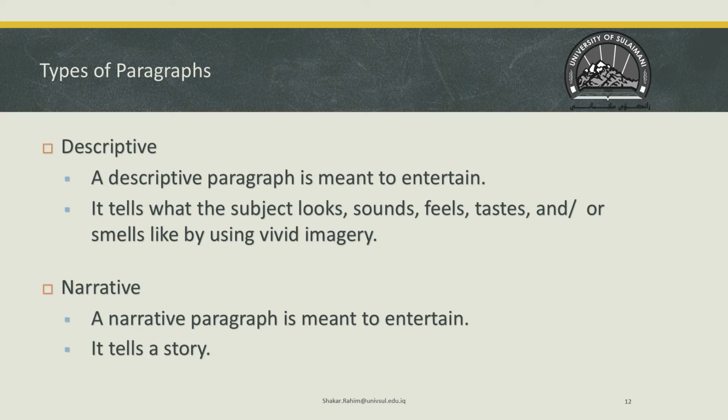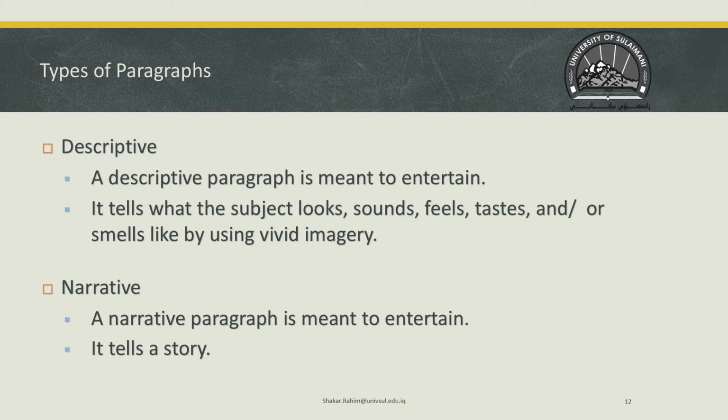For example, you go to a kitchen. What do you smell? What do you see? What did you taste? How it looks, how it feels, how it sounds. So these are the things that you need to do in descriptive paragraphs.